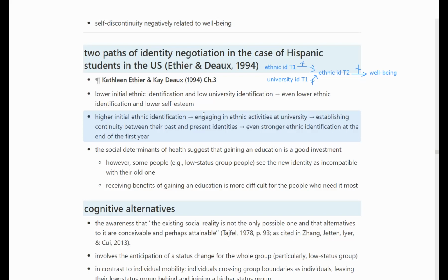And after entering university, they can say that they are still Hispanic people. They can still feel free to express their Hispanic culture, maybe dress just like other Hispanic people. And this continuity would contribute to even stronger ethnic identification at time 2, and this would lead to higher well-being.